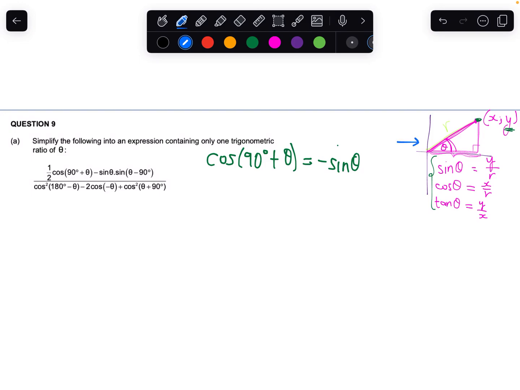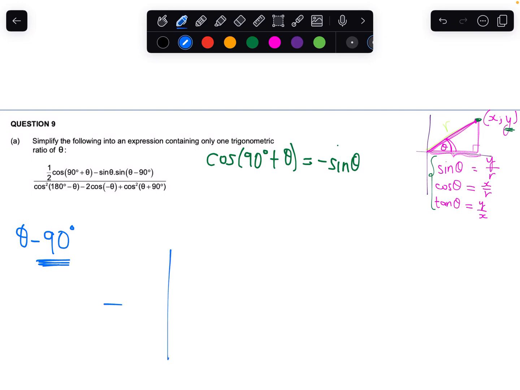supposing theta looks like this, we now want to figure out what does theta minus 90 look like. And these things are easier to work with if you start with the number and then add on the theta, right?